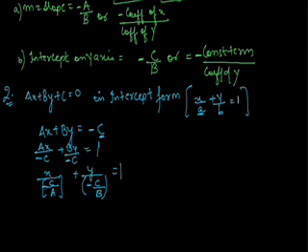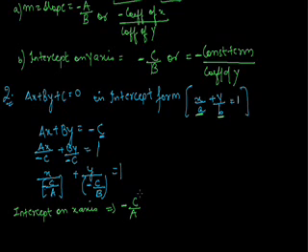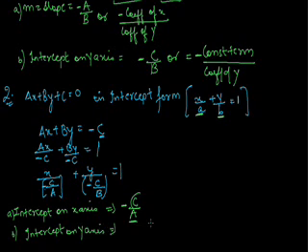So I call a the intercept on the x-axis and b the intercept on the y-axis. The intercept on the x-axis is given as minus c upon a, that is, constant term upon coefficient of x, and the intercept on the y-axis is minus c by b, which is constant term upon coefficient of y.